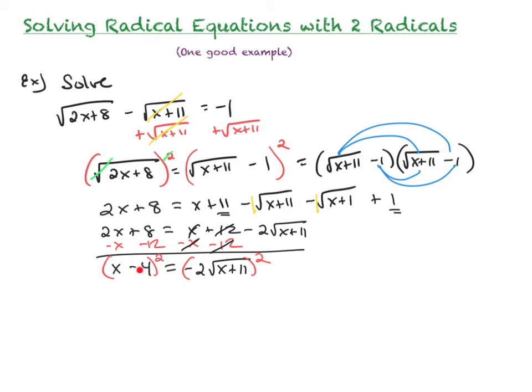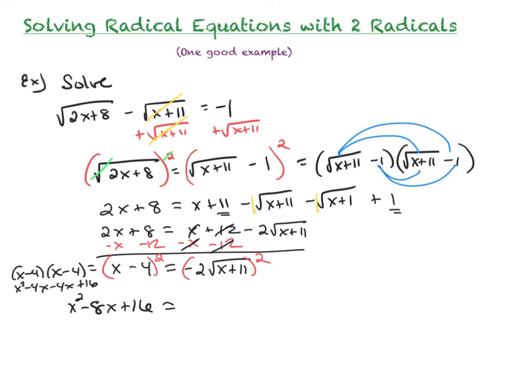So same with the x minus 4, we need to multiply that out as x minus 4 times x minus 4. So that's going to give us x squared minus 4x plus 16. So x squared minus 8x plus 16.